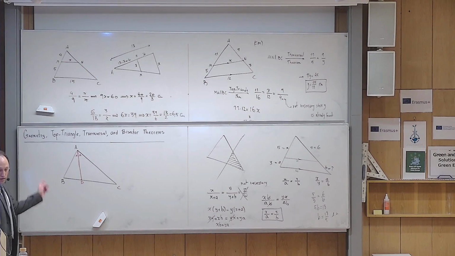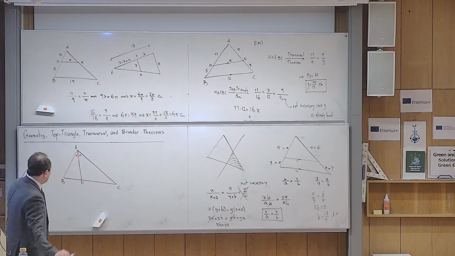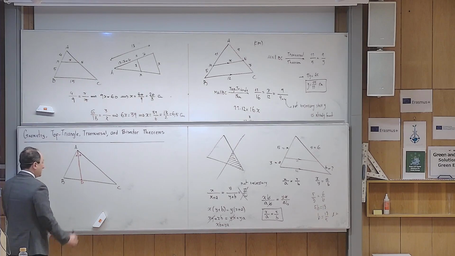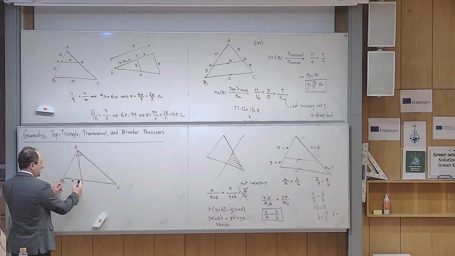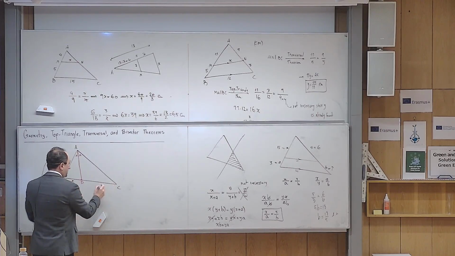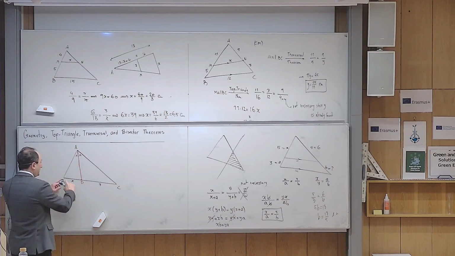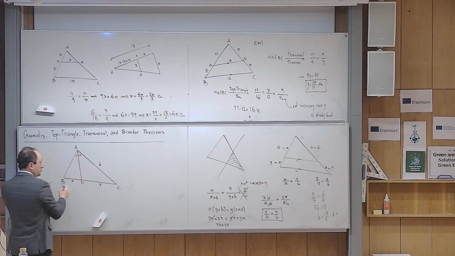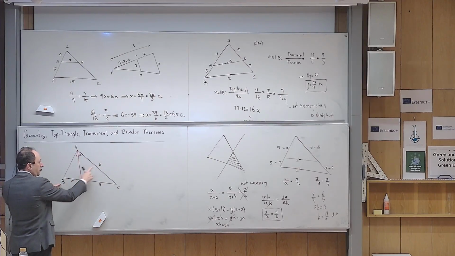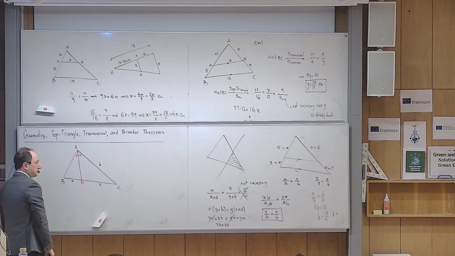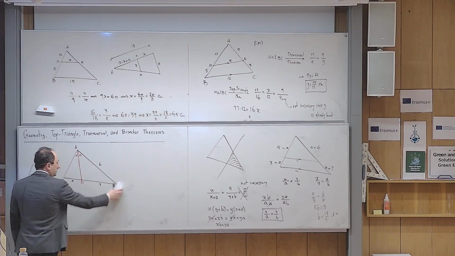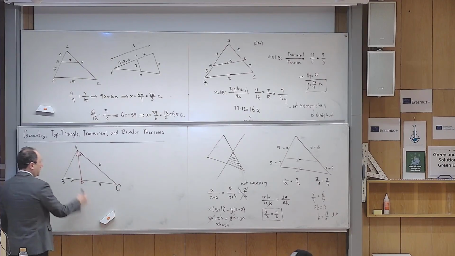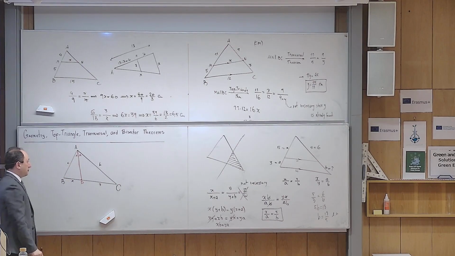So there is a nice theorem here. This nice theorem tells you that if this length is, let us say, x, and this length is y, and the length of the opposite side here is b. This is the common notation in a triangle: if this is capital B, the length of the opposite side is denoted by little b, and if this is capital C, the length opposite to it is denoted by little c.